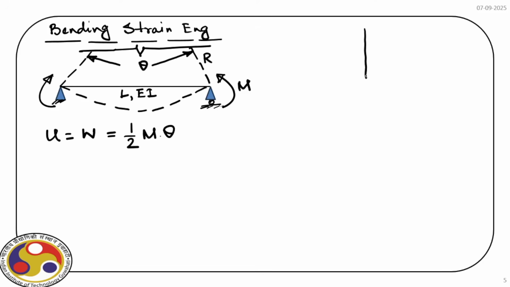If we plot M theta, that is the load deformation curve, it will start from 0, and as we increase moment, it will vary linearly. And again, I repeat, we are dealing with linear structures only for the time being in this course, right? Now, again, the area under this curve is the total strain energy under bending. So this is the strain energy.